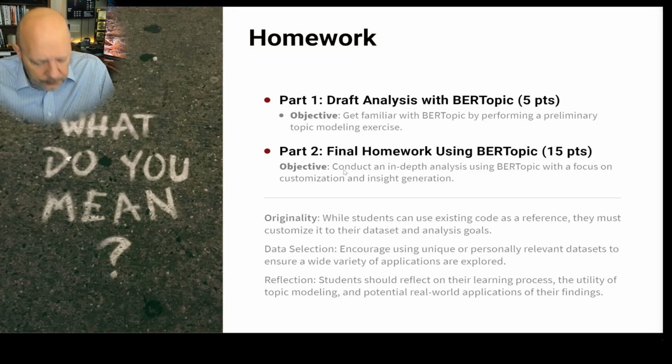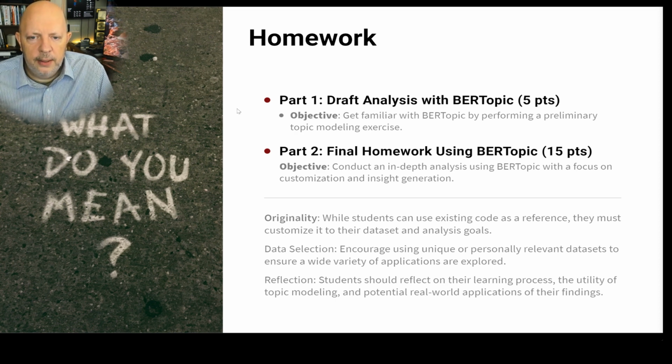Okay, so the best way for me to help you use this and to learn this is basically to have you do something with it. Now, what I did is I took a sample notebook, I changed it around like I'd expect you to do, and then I ran it. But to make this a little easier on you and me, I made this a homework two-part assignment.